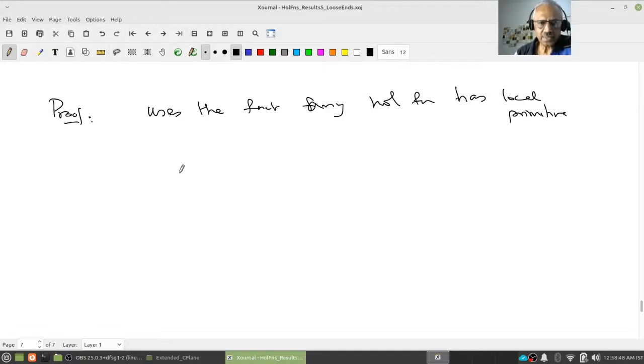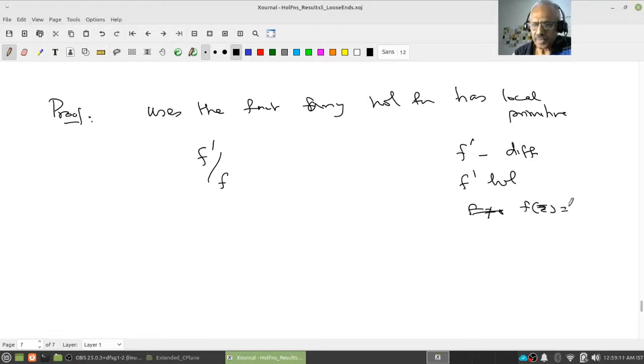Let me look at the function f dash by f. Now remember, f is holomorphic, therefore f dash is differentiable, therefore f dash is holomorphic. And f is nowhere vanishing on U, therefore 1 upon f is holomorphic. Therefore this is holomorphic on U.